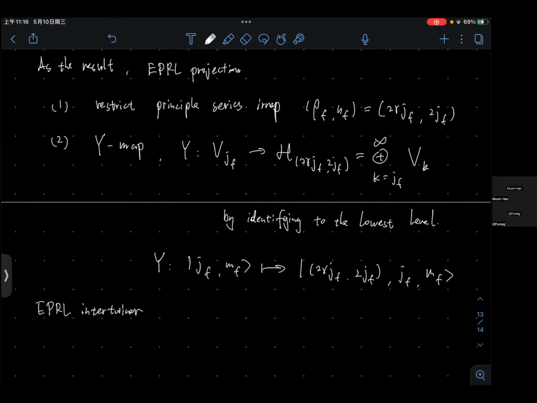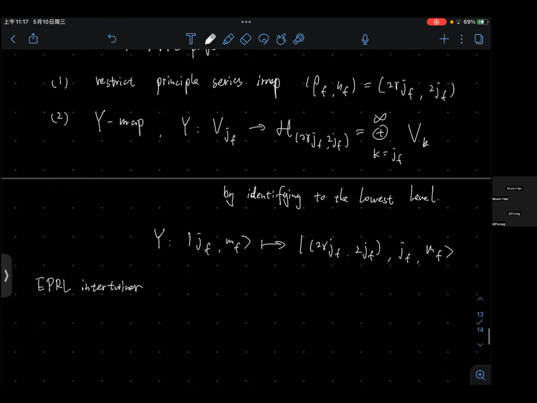Okay, so here now we have the restriction of representation, but we also need a restriction of intertwiner. Okay, but the restriction of intertwiners can be just induced from this Y-map. Okay, so this is the restriction of the SL2C intertwiner.